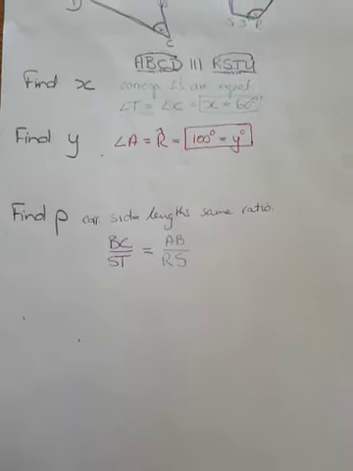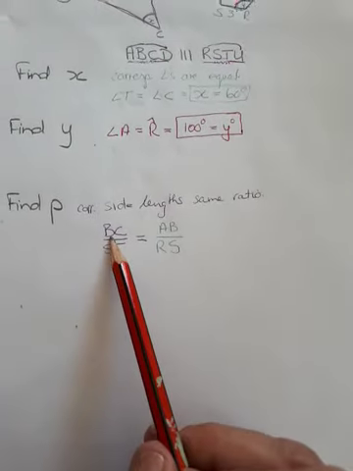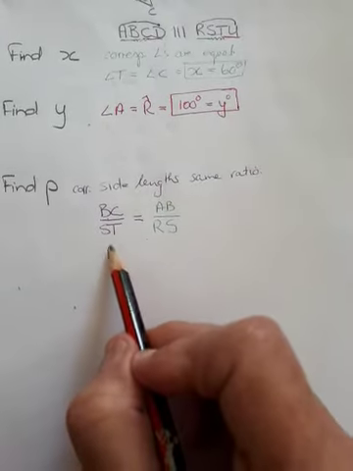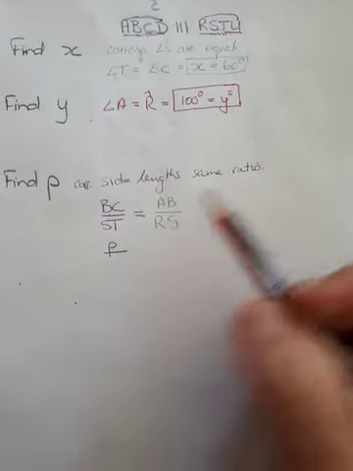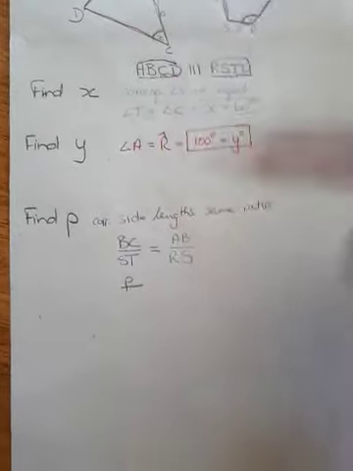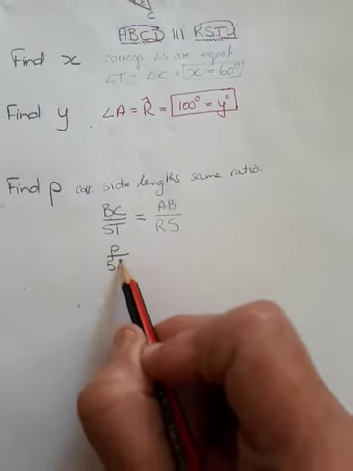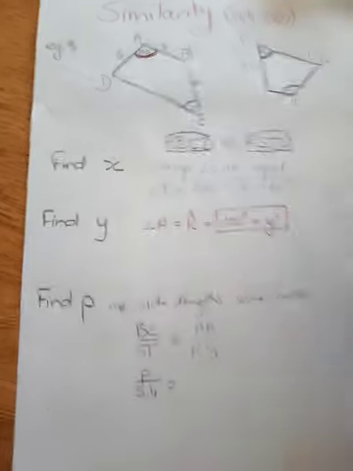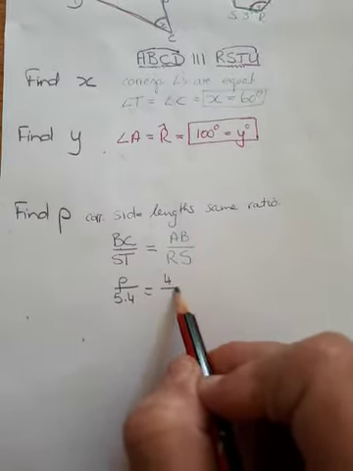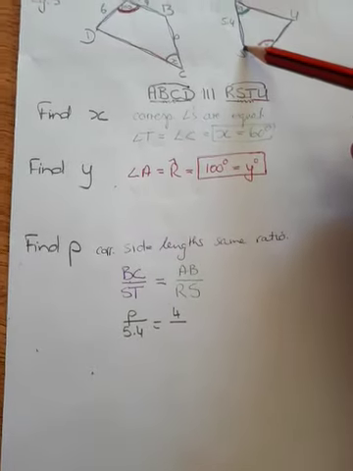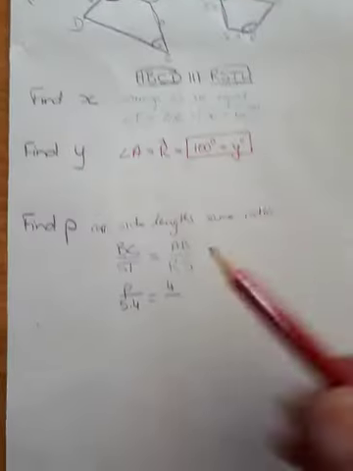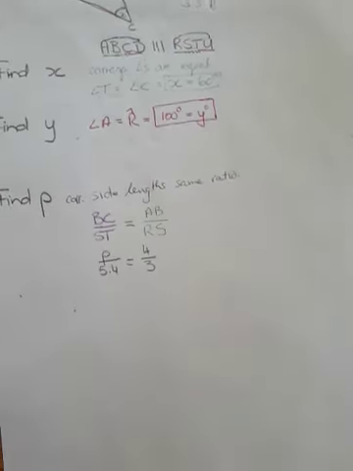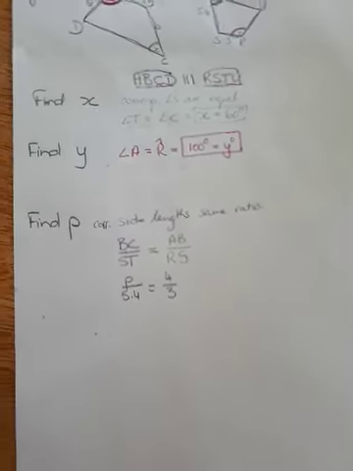Now it is fairly easy, because you can just simply read off. We started with BC, which is P, the asked side. Then you go to ST. ST is 5.4, equals AB. AB is 4, and RS is 3. Now you've got one variable, which means you can simply calculate P.